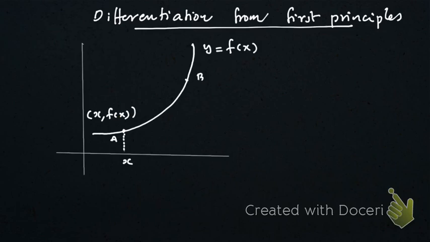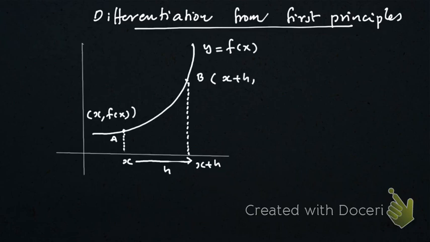I'm going to mark another point B on it, which is h units to the right of A. So my point B is taken in such a way that it will have an x-coordinate which is h bigger than x. So this x-coordinate here would be x plus h.